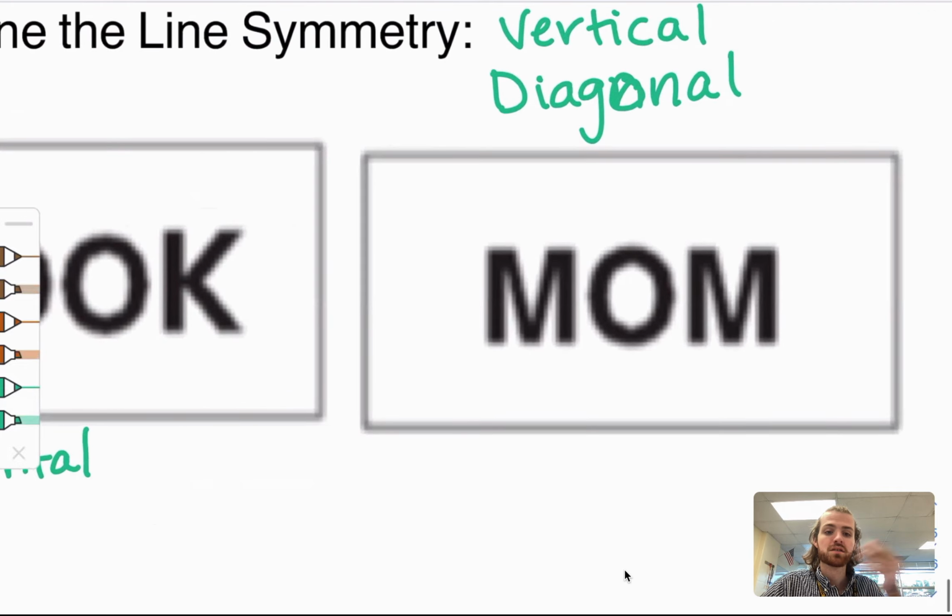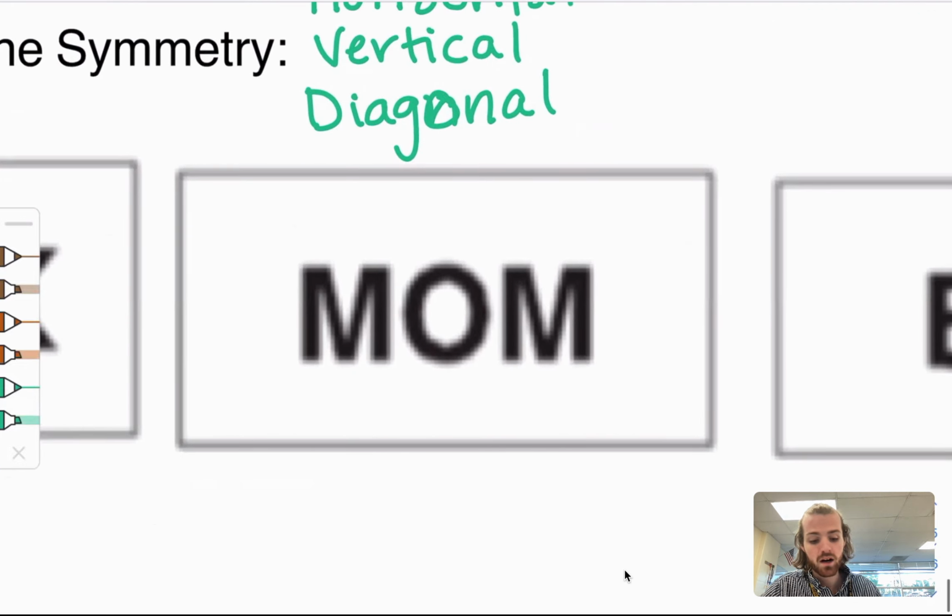Well, this next word box is mom. If we want to try horizontal symmetry, let's use this red. So we kind of have this tracing.